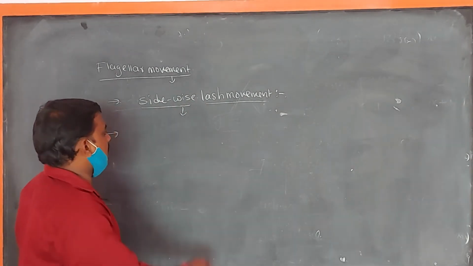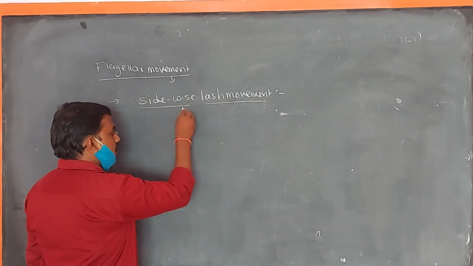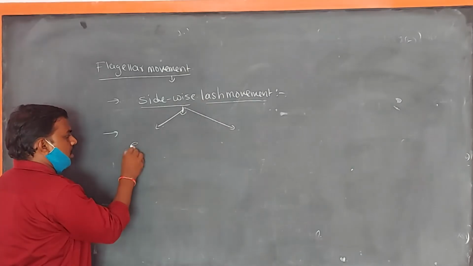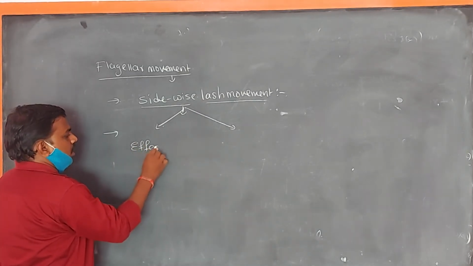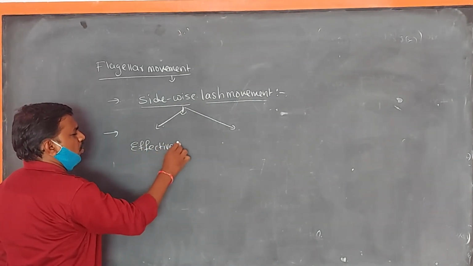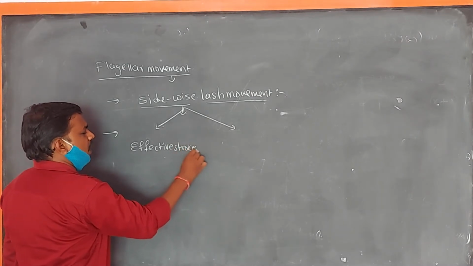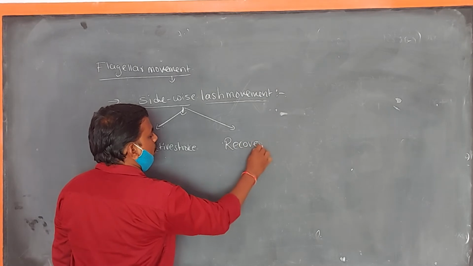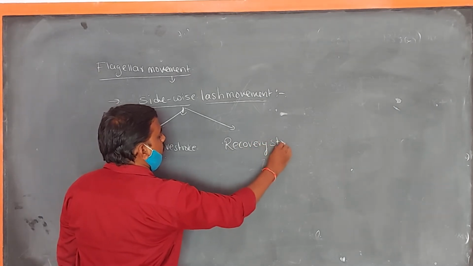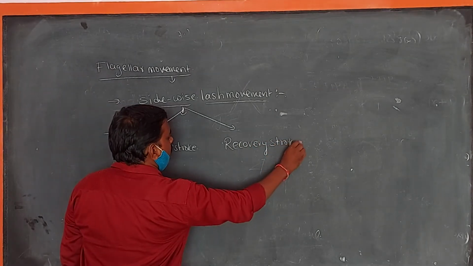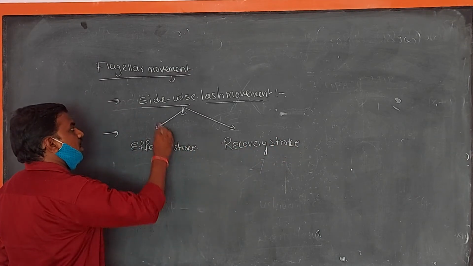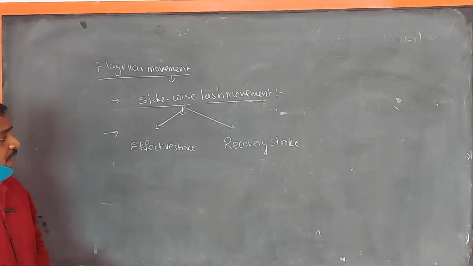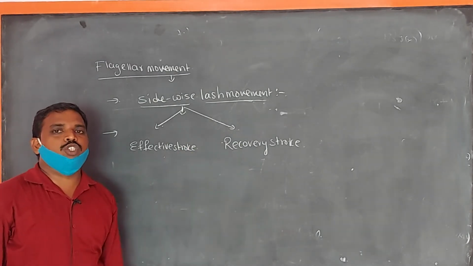The sidewise lash movement exhibits two types of movements: one is the effective stroke and the second one is the recovery stroke. Both are included in the sidewise lash movement.